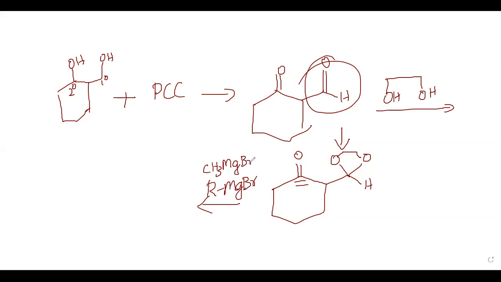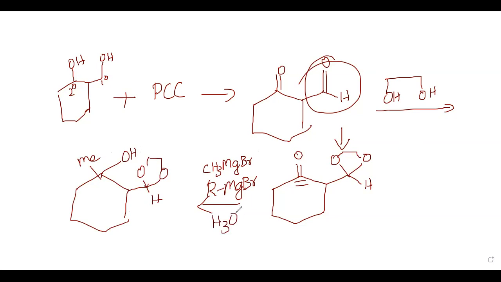So what is our product? Here will be our CH3 and here will be our OH. And our protected group is here. RMgBr and hydrolysis are also given alongside. That is why I straight away wrote the answer.